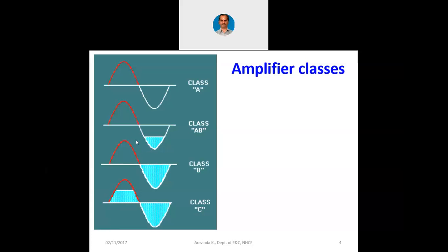Now, in this case, the device is not working for the complete 360-degree cycle. It is working here, for the 180-degree cycle. Then it is working here. Then it is working here. In this region, it is not working. Means the amplifier is working in between 180 and 360.